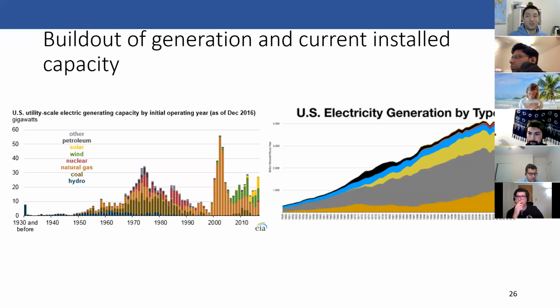Some of that is driven by the economics, some of it is driven by policy, but there's been a pretty big decline in nuclear generation. Natural gas has seen a really big boom, especially as prices have gone down, as I mentioned before, and as fracking entered the sphere of technologies.